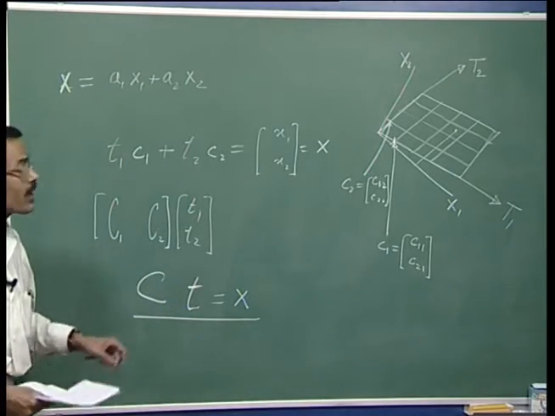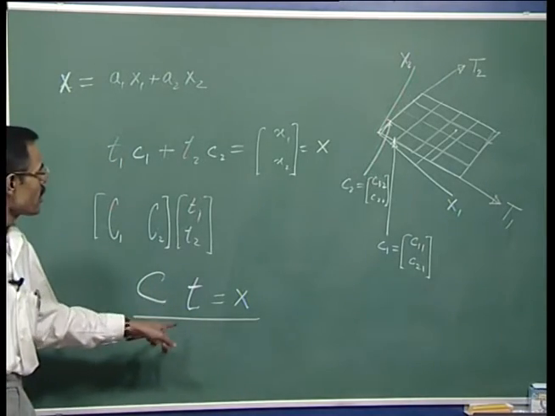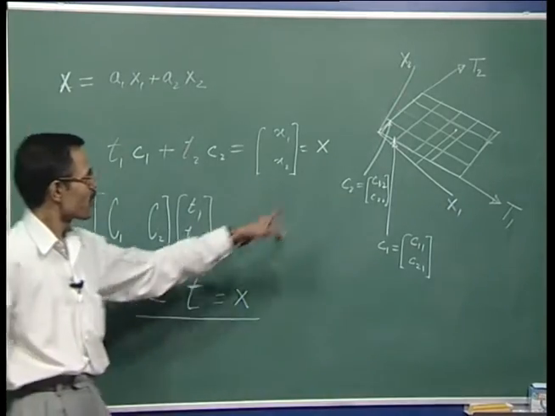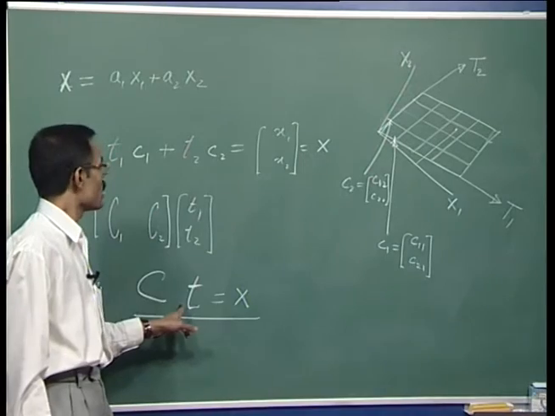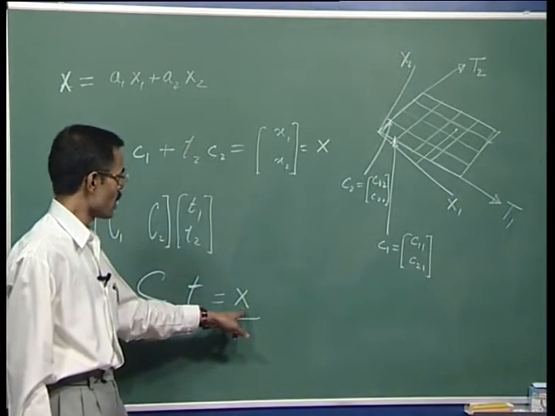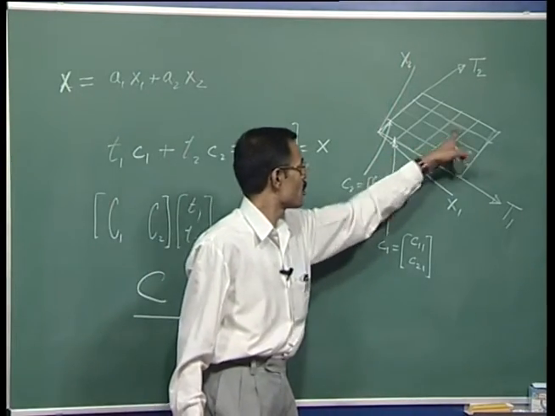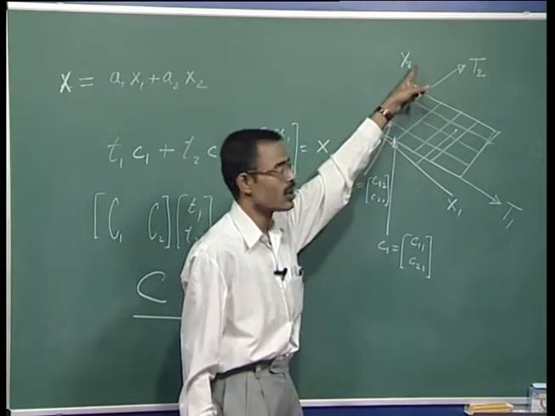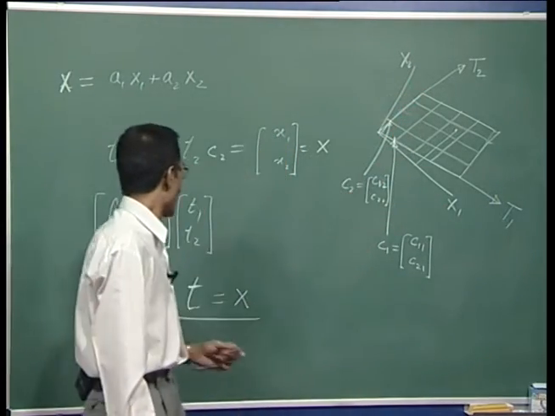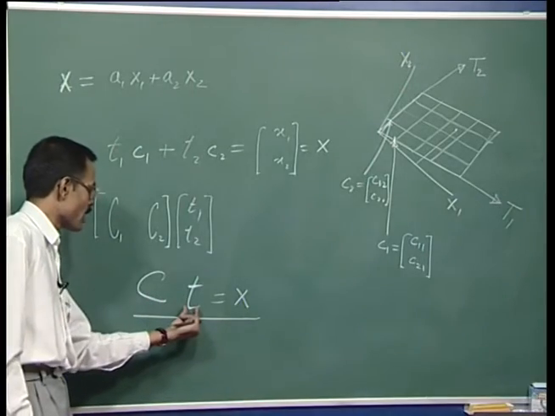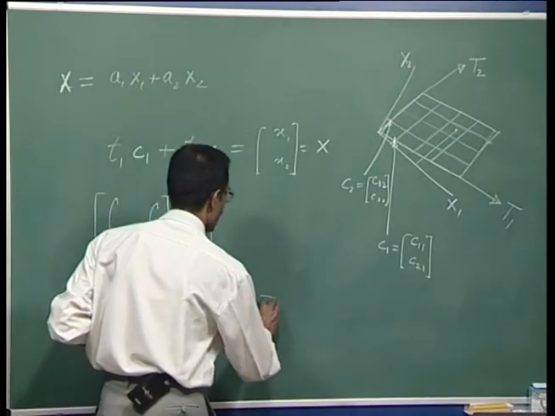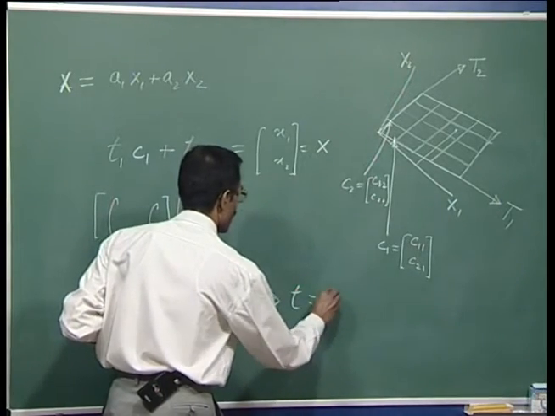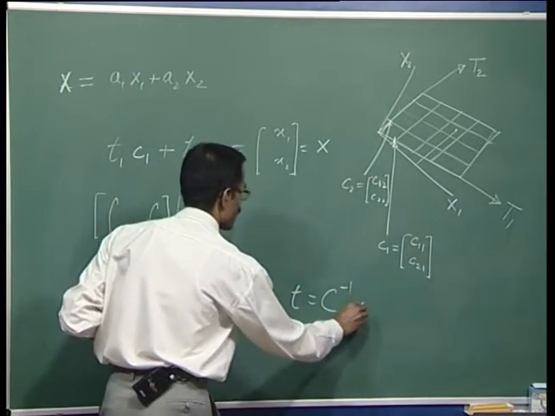This gives us an equation relating the number of steps along the edges of the table T1 T2 to the location of this point which we know in the old x1 x2 system. And if we want to find out T, then we need to invert the matrix C and get it like this, right.